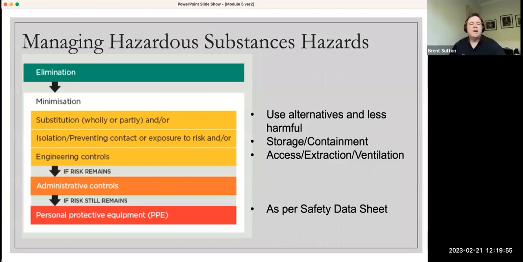And the last one is around managing hazardous substances. So no surprise, if we can't get rid of the substance, then we should look at a substitution. So we should use alternatives that are less harmful. We can apply good isolation around those substances through good storage and containment.